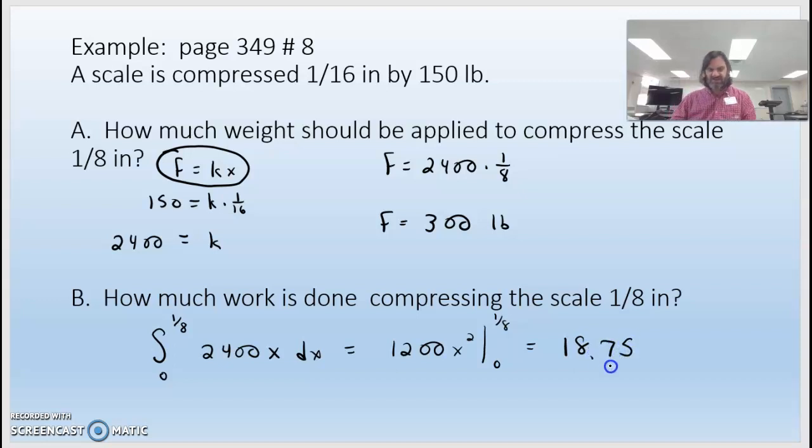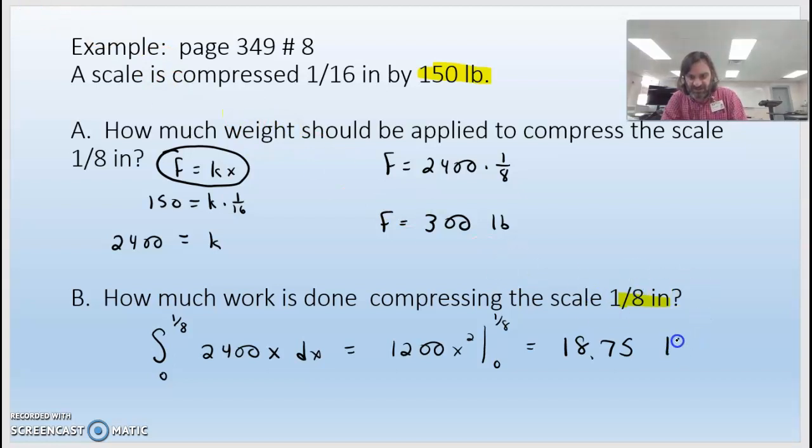So when I multiply that by 1200, I get 18.75. Okay, and so what we were working with here, we had pounds up here, and we've got inches, so let's see what we can do with that. So we can call that pound inches if we like, instead of foot pounds.